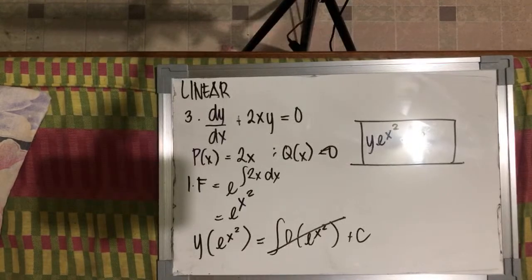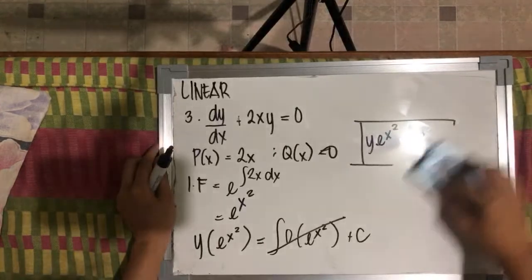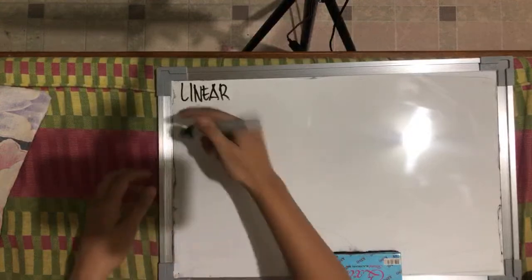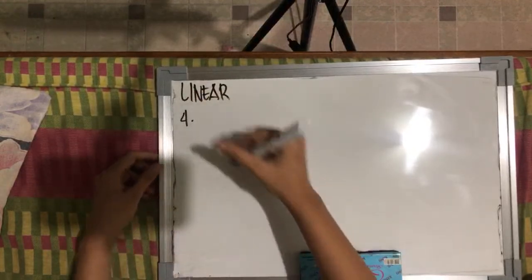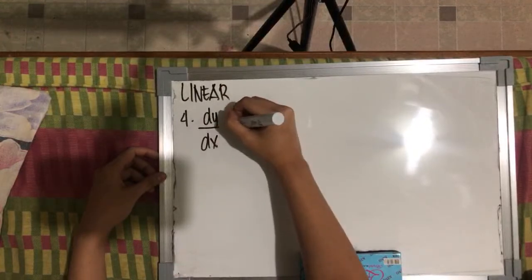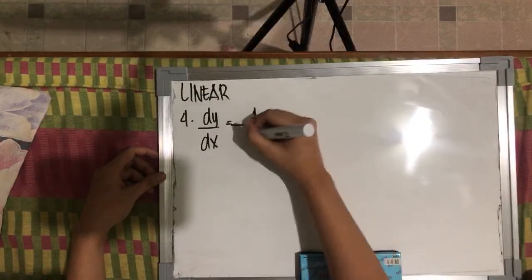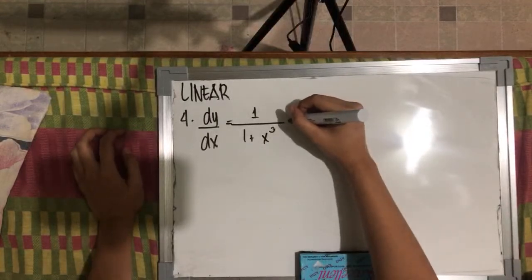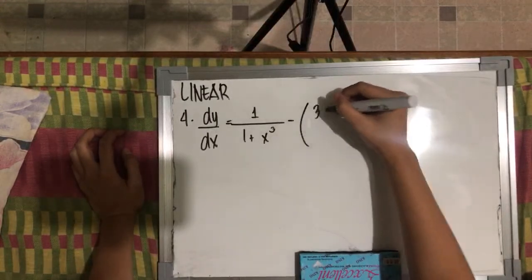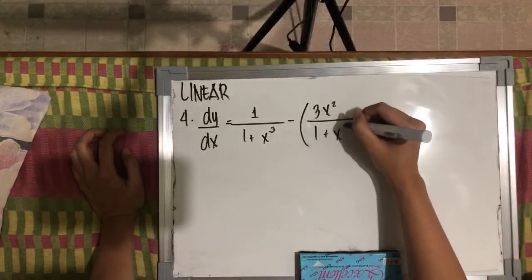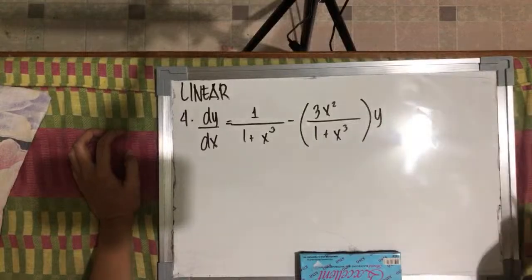So, last example tayo ng linear. dy over dx is equal to 1 over 1 plus x cubed minus 3x squared over 1 plus x cubed times y.